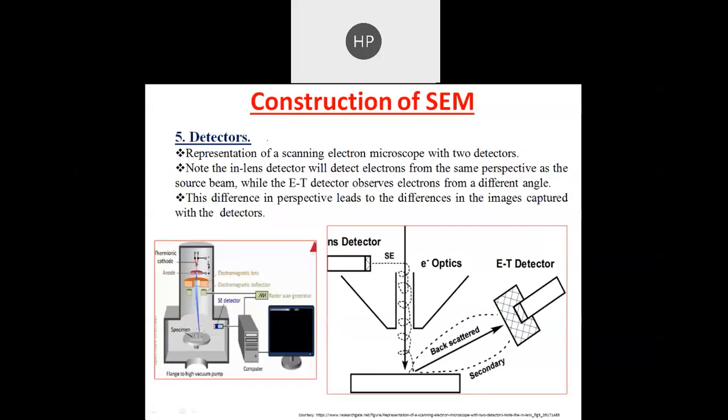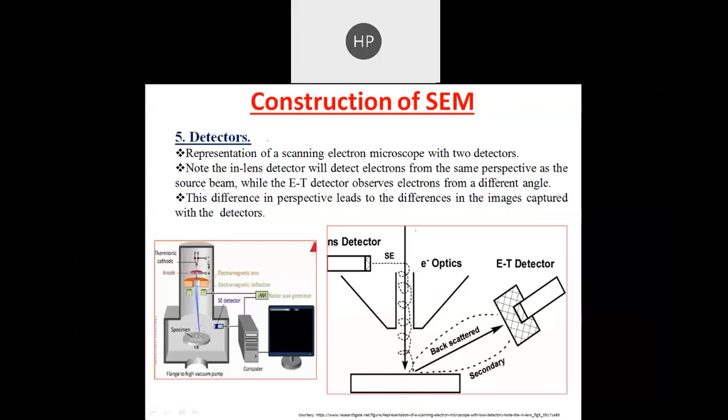So this is a representation of a scanning electron microscope with two detectors. The in-lens detector will detect the electrons from the same perspective as the source beam, while the ET detector observes electrons from a different angle. So here you can see there is an inline detector.